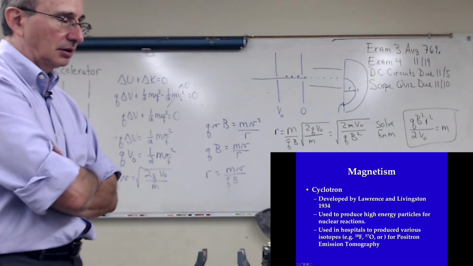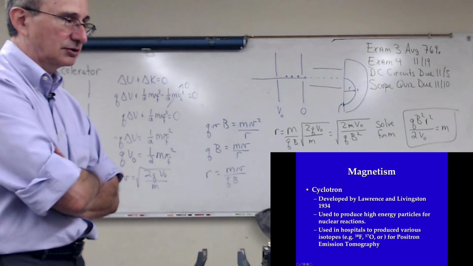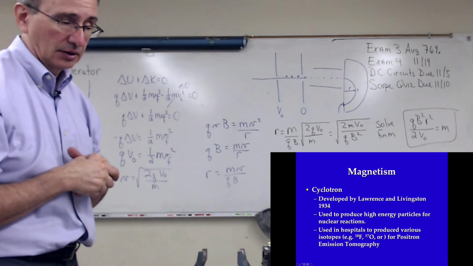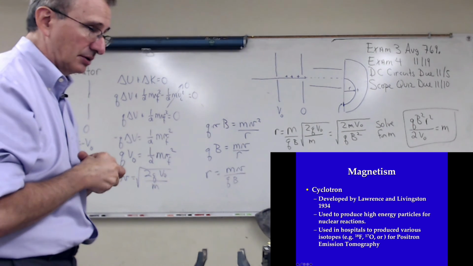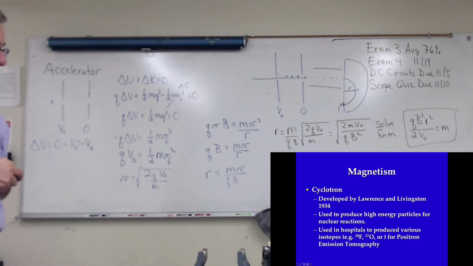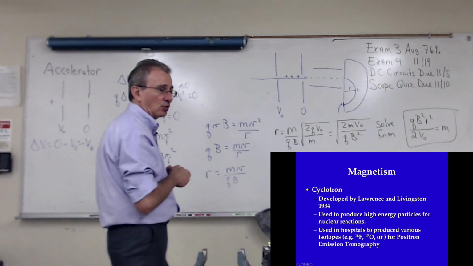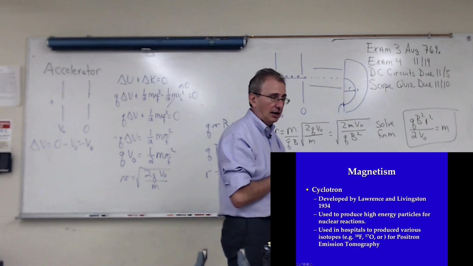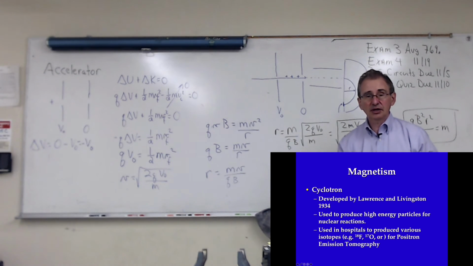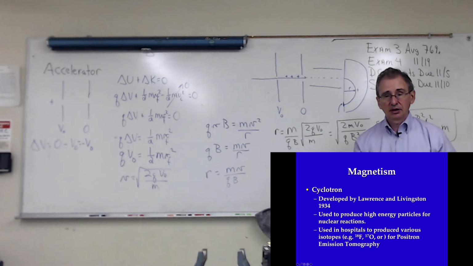So if you have some sort of illness, a lot of times you have part of your brain that's more active than others. And so what they do is they inject this glucose solution in you that has the radioactive isotope.